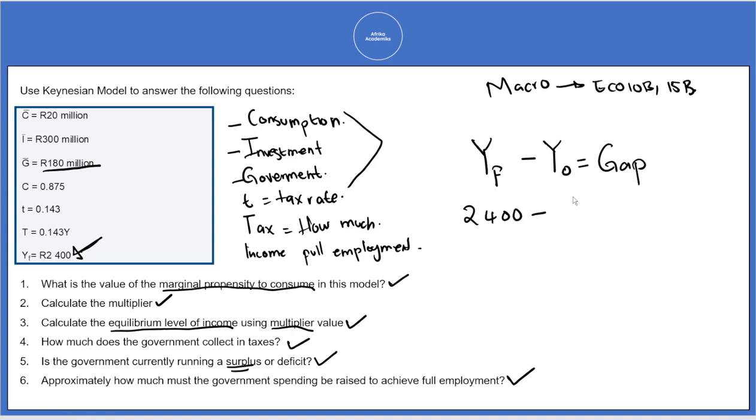This is the one that we calculated at first, and we got 2,000, if you still remember, and then we will know the gap. So we'll say 2,400 minus 2,000, and this will give us 400, which is the gap. Remember, this is 400 million.